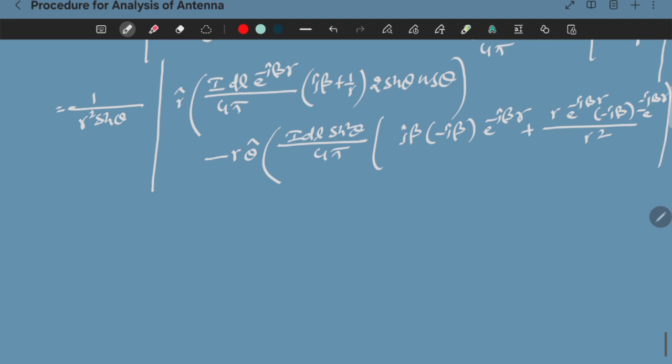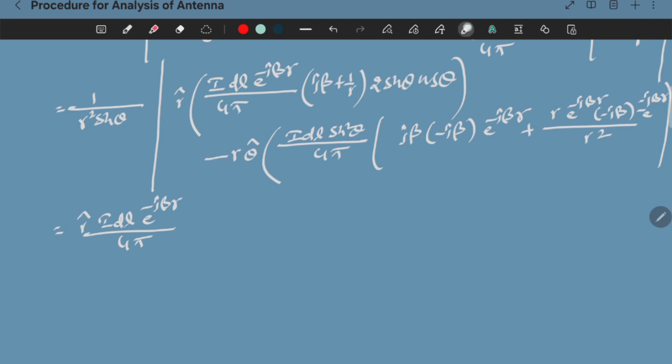Then it is equal to, now what I am doing is I am sending this 1 by r square sin theta inside. So we'll see what will happen. R cap I dl e power minus j beta r by 4 pi.